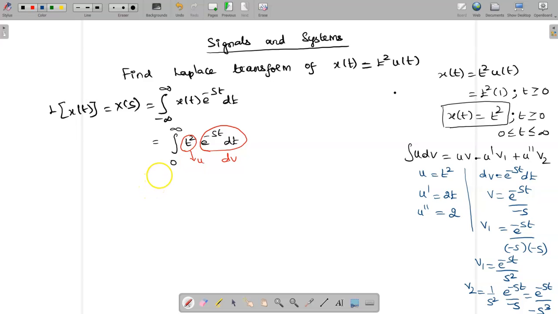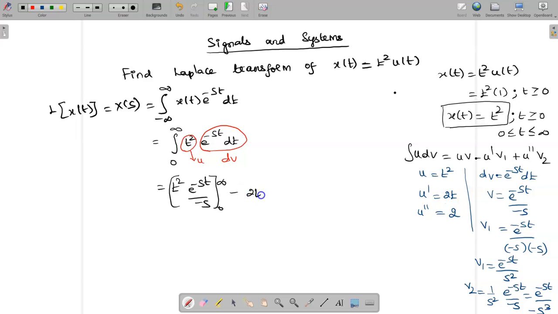Okay. So, I have to substitute the values in uv minus u dash v1 plus u double dash v2. What is u? U is nothing but t square. And what is v? V is nothing but e power minus st by minus s. So, apply the limits 0 to infinity and then minus. What is u dash?